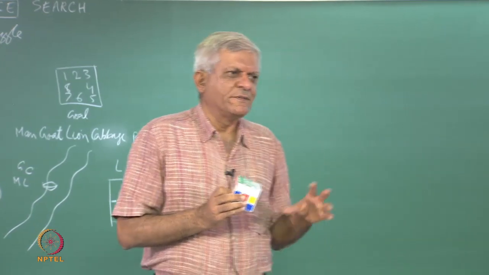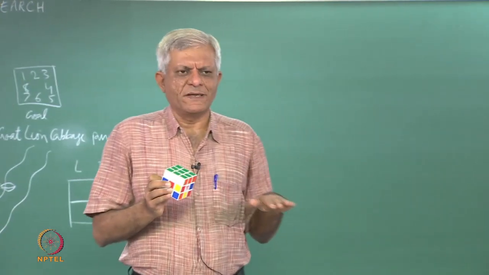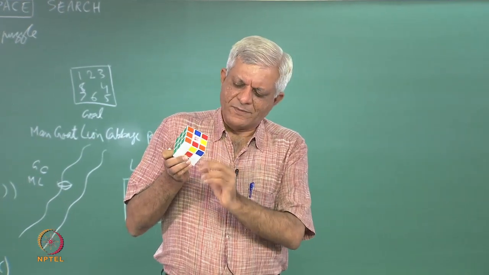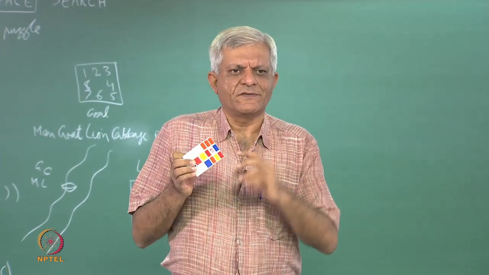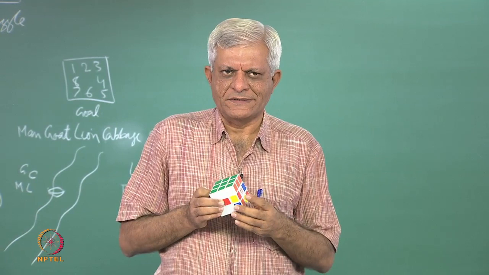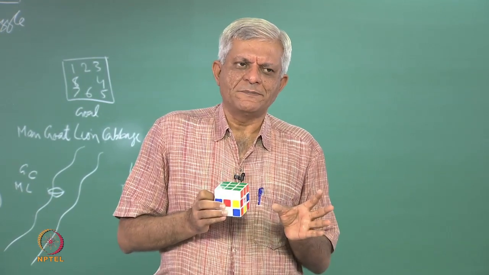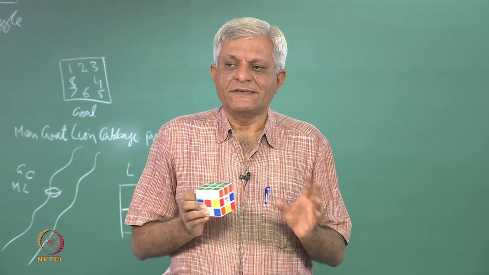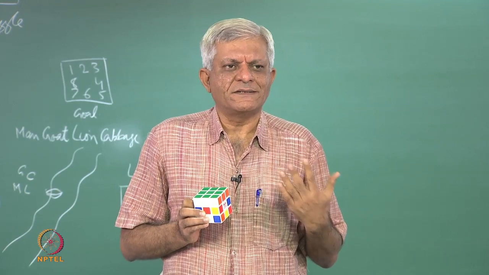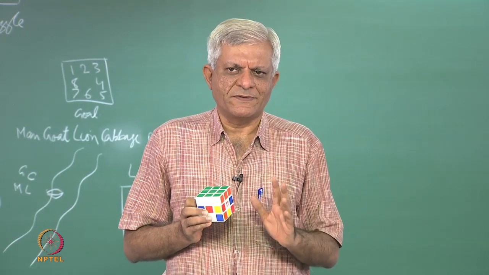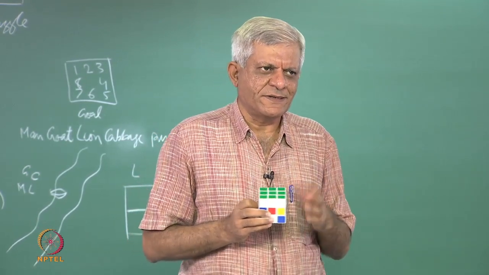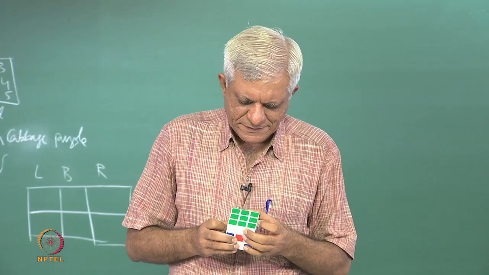If you follow the method that somebody has taught you, which says take the top layer first, then make the second layer, then get the bottom corners or the bottom square and then get the orientation, these kind of macro moves will not necessarily give you the shortest solution essentially. So, they will solve the problem, but they will not give you the optimal solution. This is something that we had also mentioned about human problem solving, that we do not necessarily always try to optimize things. As long as we can solve the problem reasonably well, then we are happy with the solution essentially, which is why knowledge based techniques are so important essentially.